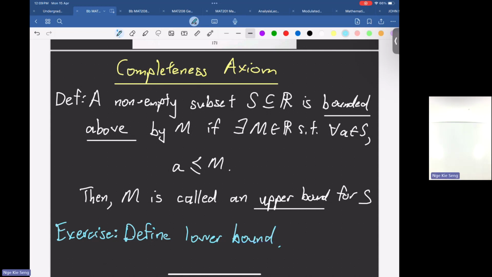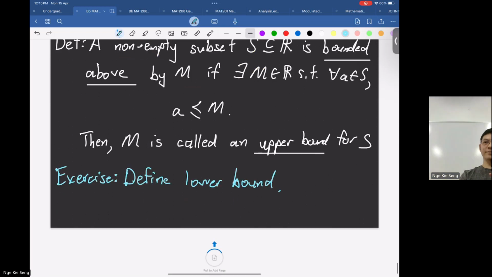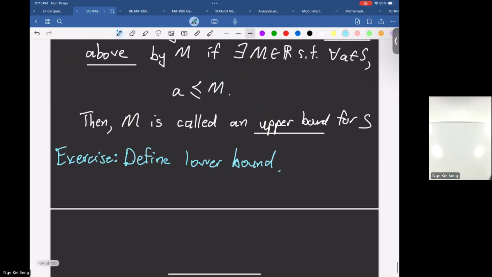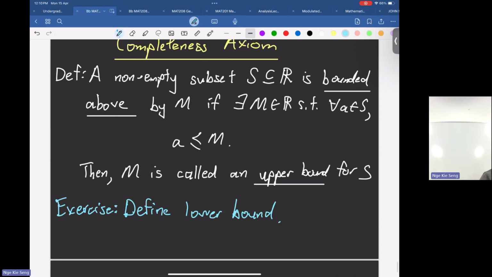Where can you imagine we're using it? In integration, because in integration we have upper bound and lower bound. We'll use both. Any questions? No question. Okay.